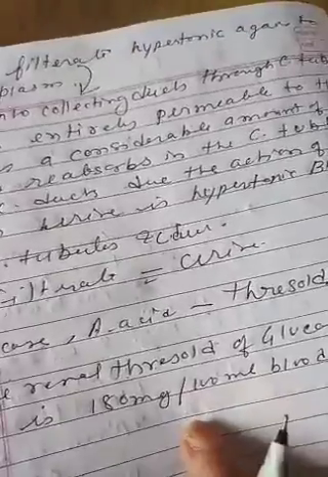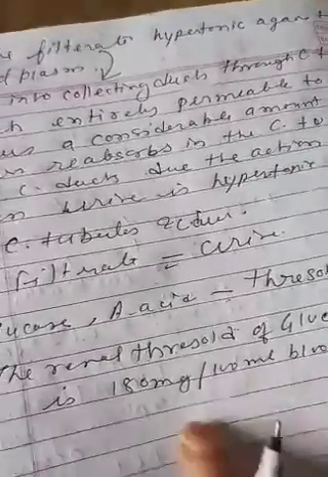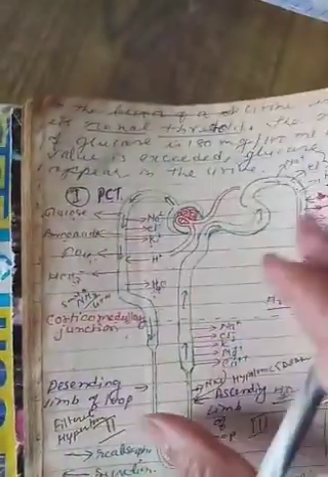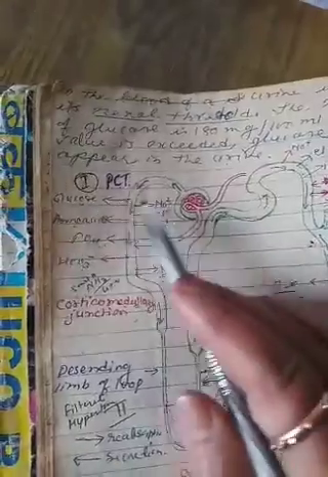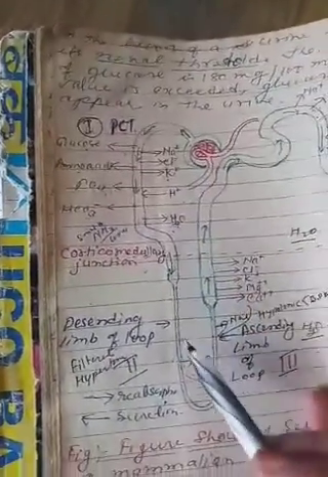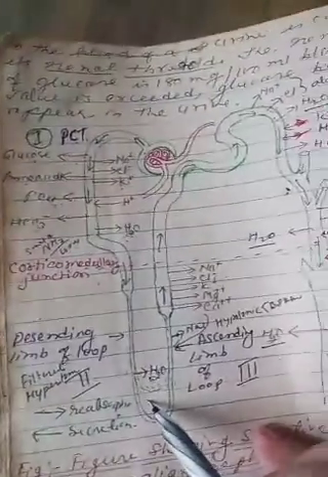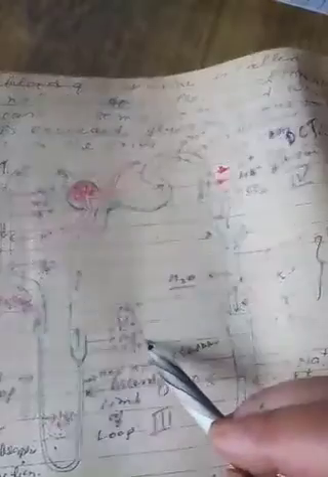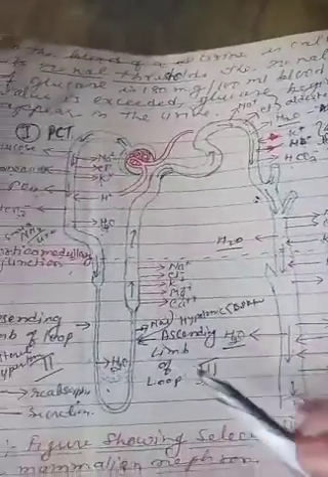And when this value is exceeded, glucose begins to appear in the urine. So in this diagram, all is given here in the proximal convoluted tubules which are reabsorbed here, and here also which is reabsorbed, and then here which are secreted, reabsorption, all are given in this diagram.